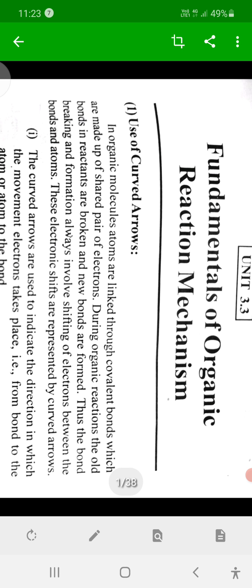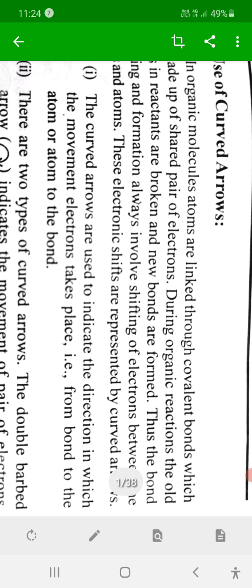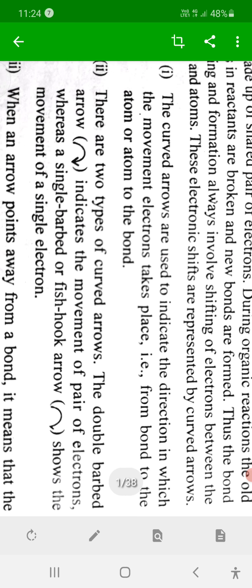Then bond breaking and new bond formation is nothing but electron movement. And so as to show this electron movement in reaction mechanism, arrows are required. That electron movement in reactions is shown by using arrows.